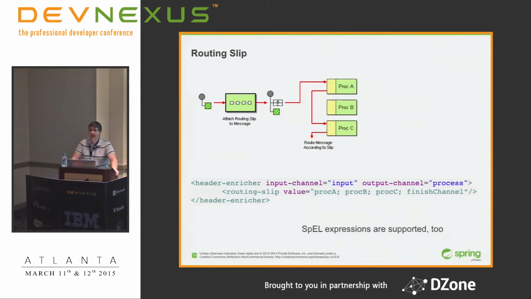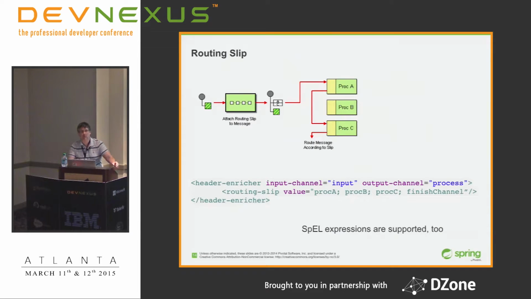Another pattern that has been added to Spring Integration 4 is routing slip. So routing slip is a way of routing messages to different components. It's possible to do it dynamically or statically, any way you want, without actually wiring them.